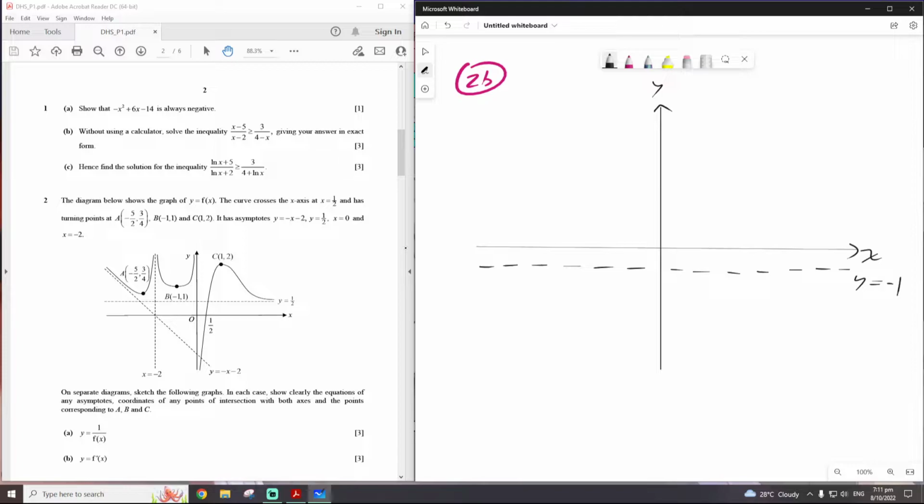Okay. So what happens? We see that it is approaching -1, but the gradient is increasing. This function is increasing here, and the gradient eventually becomes positive at -5 over 2. So that's somewhere here. And then it will become an asymptote at 2.